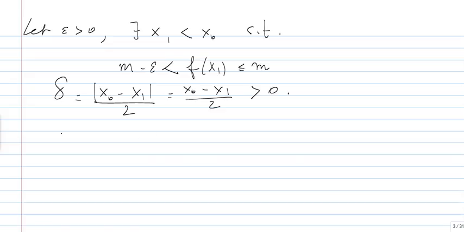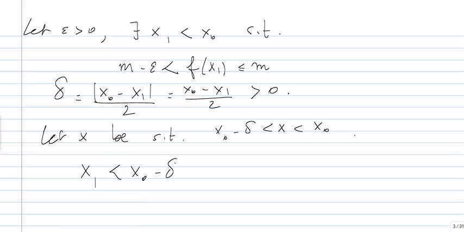So let x be such that x is between x0 and x0 minus delta. Clearly, we have x1, which is less than x0 minus delta, by definition of delta.